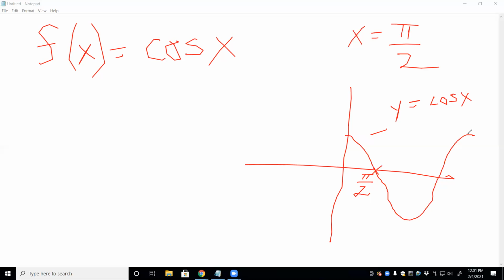More like that. So if you look at when x equals pi over 2, what's the slope of the tangent line right there? I mean, if it's a straight line, it would be 0. Is that fair to say? No, only horizontal lines have a slope of 0. That straight line happens to have a slope of -1. -1, okay.